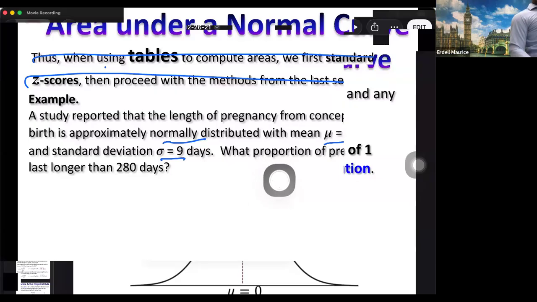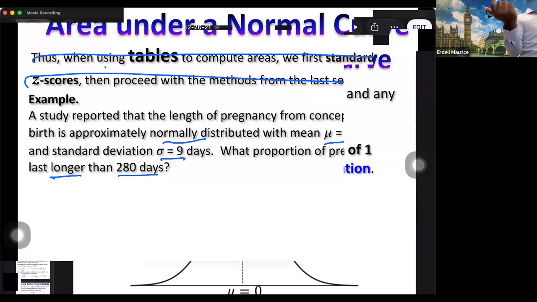What probability of pregnancies lasts longer than 280 days? Is this a right tail test, a left tail question, or an in between question? I'm shading to the right because they say it lasts longer than 280 days. Notice it's not going to say use the greater than sign, please. They're going to put it in English.